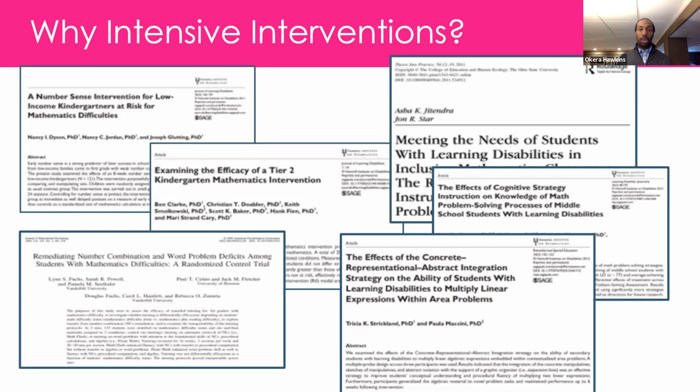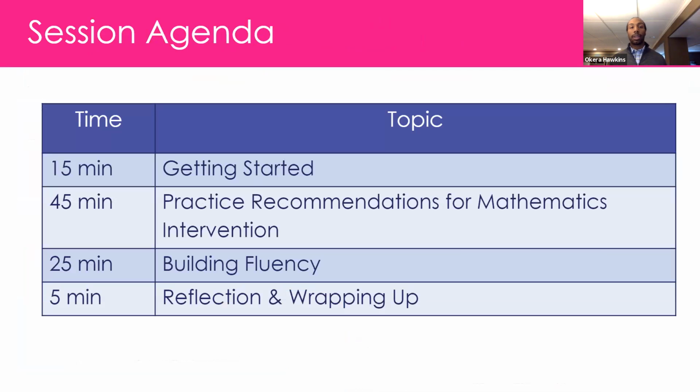And so what we know is if we are doing the interventions the right way, we will have a dramatic effect on the overall outcome of our students. Because as a lot of the research that we've looked at during our time together, we know that when students are given consistent access to grade level work, they will grow against those grade level standards. So we just want to keep those ideas in our head as we're thinking about intensive interventions for today.